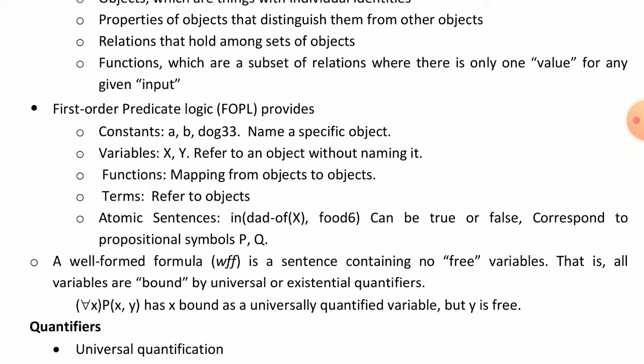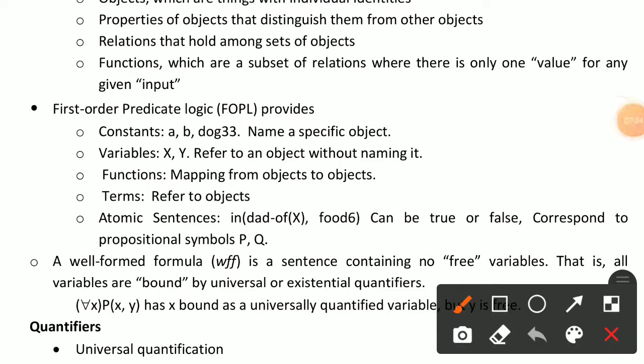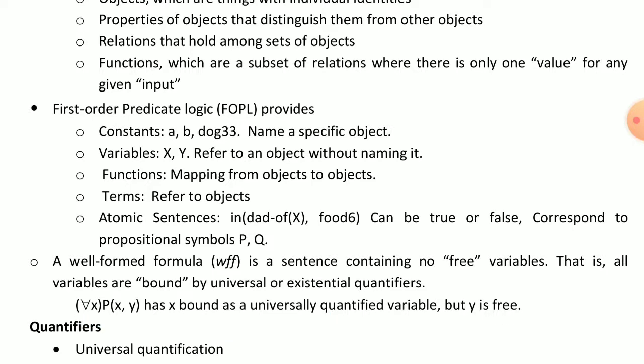Okay. Now for every x, p(x, y) has x bound as a universally quantified variable, but y is free. Here we can take one example, like for all x, p of x comma y, and here x is bound as a universally quantified variable and y is free.